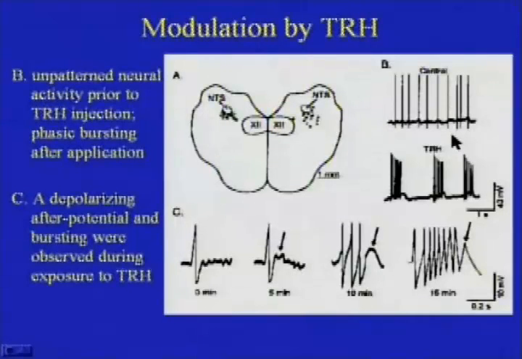Now the mechanism by which TRH is doing this is related to events after the action potential, and that's shown in panel C. We draw our attention again to the axes. Now the upward deflection, the y-axis, is still millivolts, but this similar height is now 10 millivolts.